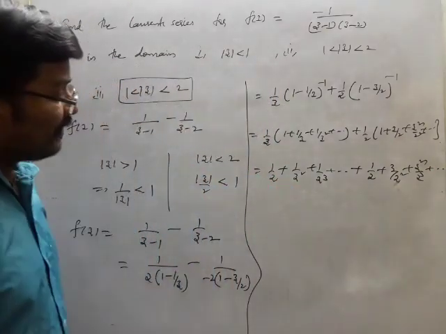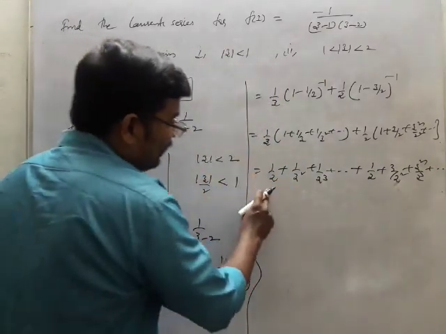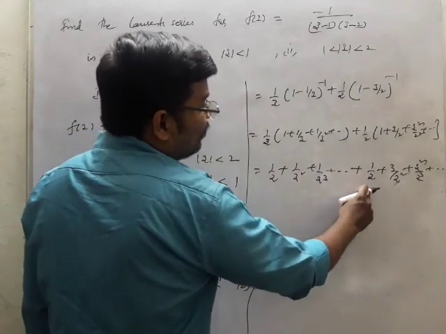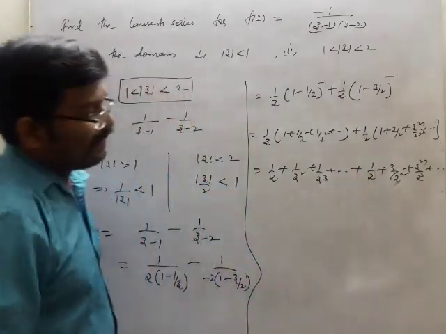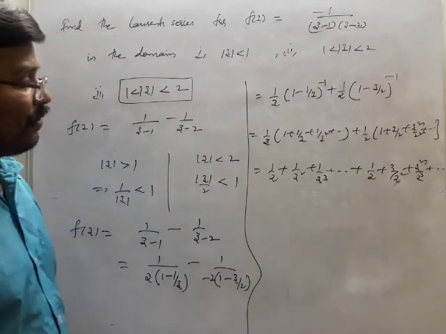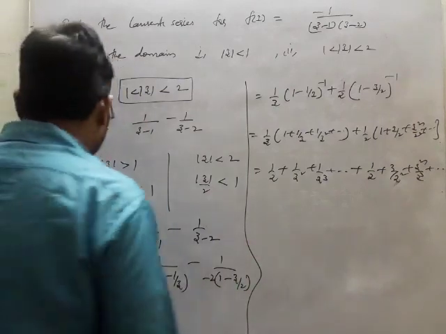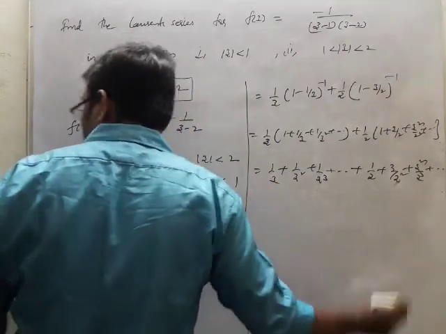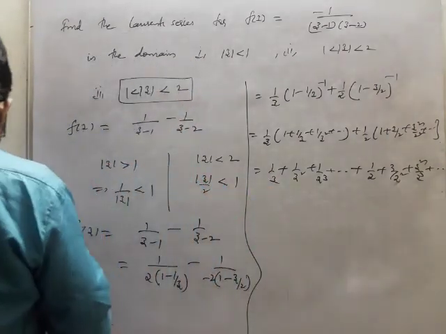Like this you got: 1 by z, 1 by z square, 1 by z cube, and plus 1 by 2, z by 2 square, z square by 2 cube, plus and so on. These are all the values which you got.